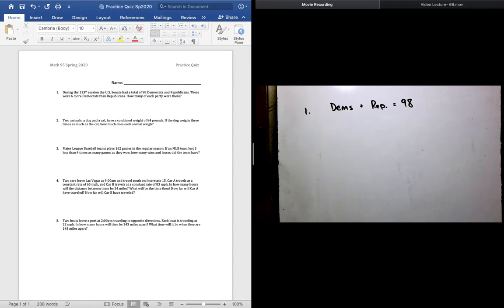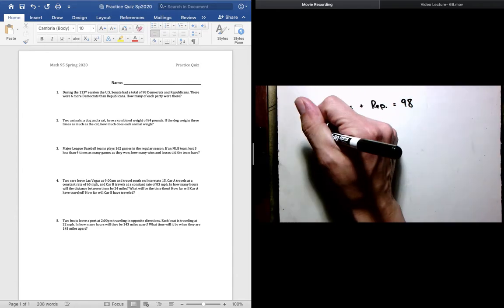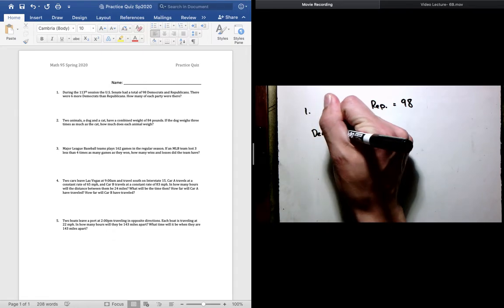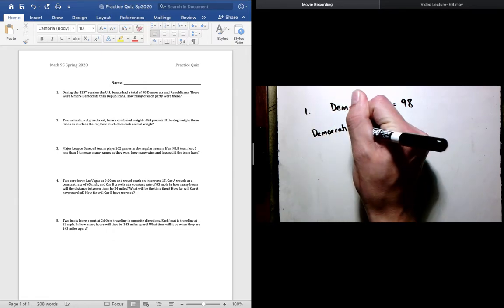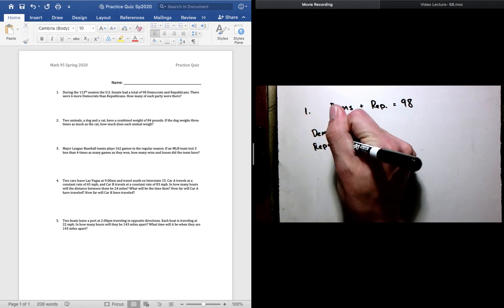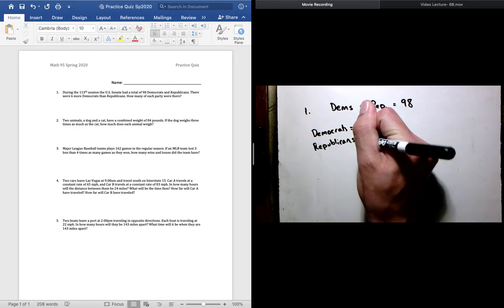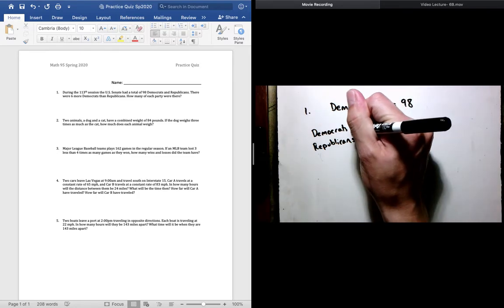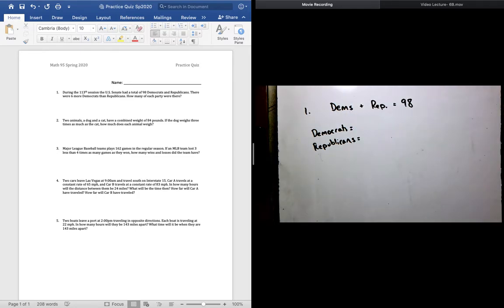And this is where we go into the process of labeling the variables. So what I'm going to do is down here, I'm going to put Democrats equals, Republicans equals. And we want to label these variables in the following way. In each of these problems, there is a sentence that gives us a description of one thing related in terms of the other.